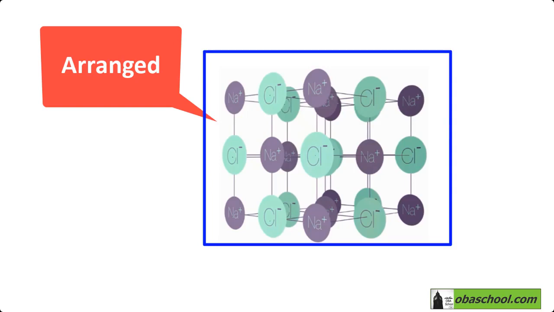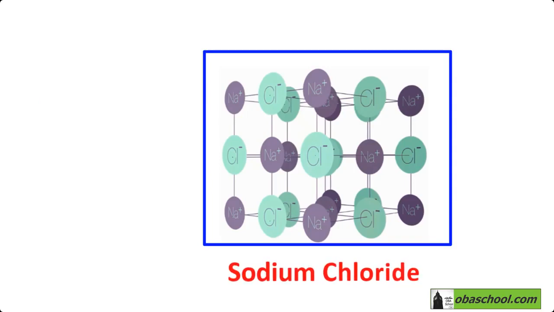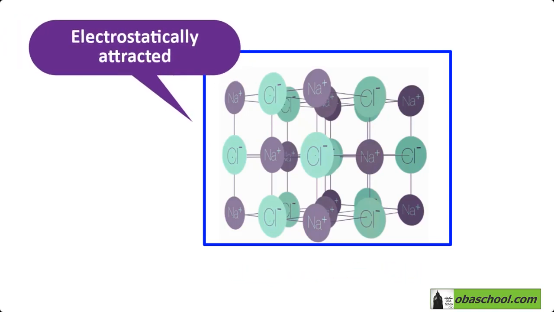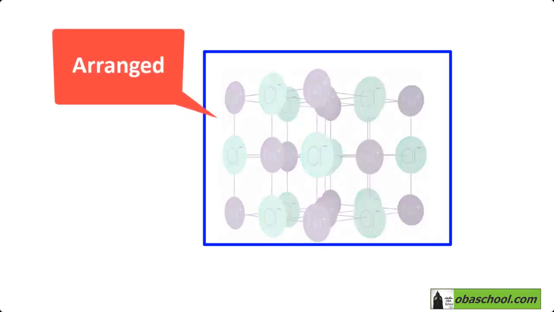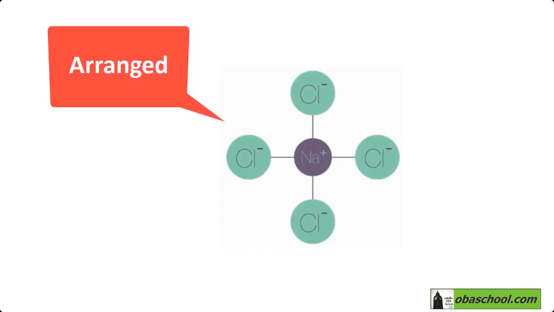As you can see here, this is for sodium chloride. We know that sodium and chloride ions are electrostatically attracted to one another. Because of this, you will see that the ions are arranged so that the sodium ions are always next to the chloride ions. This arrangement is seen in all directions of the 3D structure. The electrostatic attractions in a lattice structure are very strong.